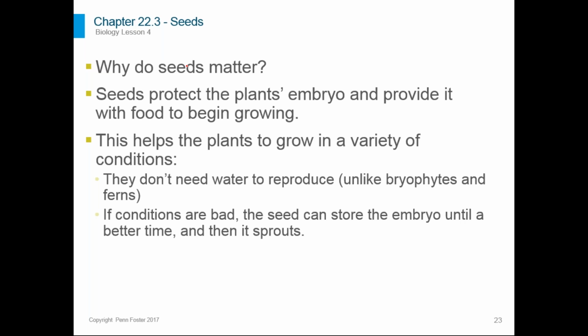Ferns even need water for the gametophyte phase to reproduce. But if you have seeds, they don't need the water to get the reproductive cells together. And this is also important because if conditions are bad, the seed can store the embryo until a better time, and then it sprouts later.